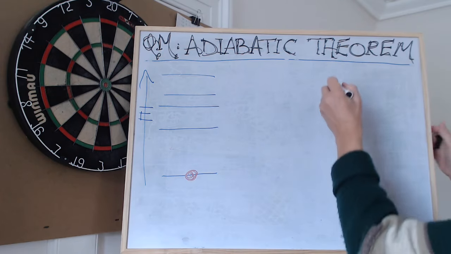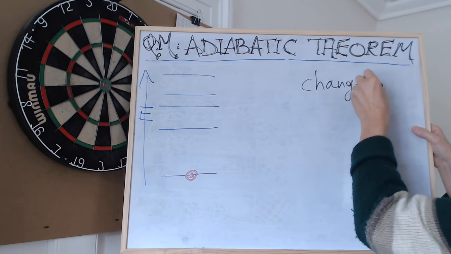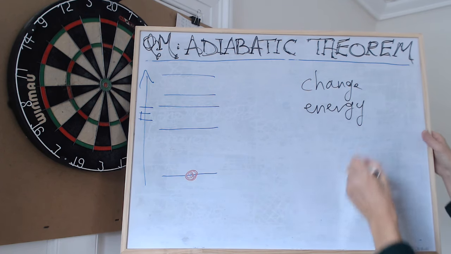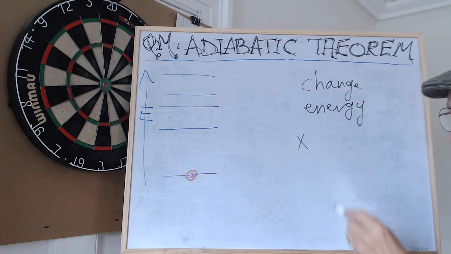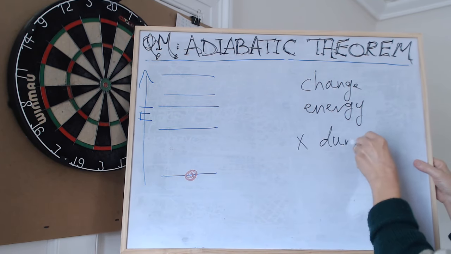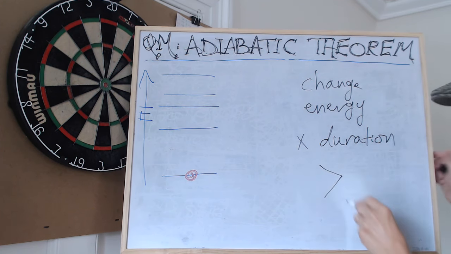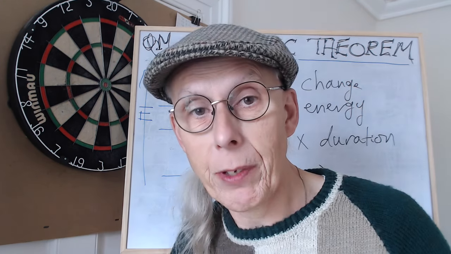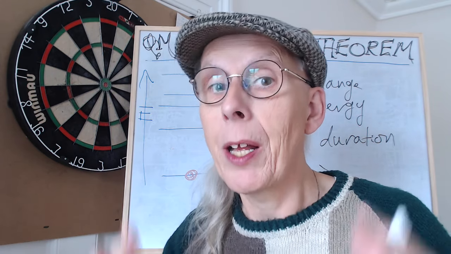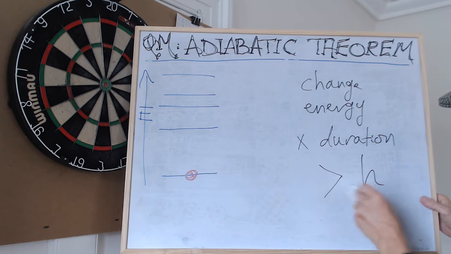It says that if you change the energy of something, and then you multiply that by how long it took, so by the duration of that change, then that has to be greater than a certain number. It can't be zero. It has to be bigger than a certain number. What's that number? It's a very famous number. It's called Planck's constant. Okay?